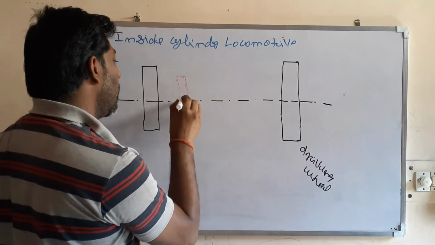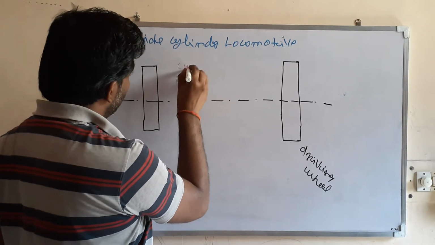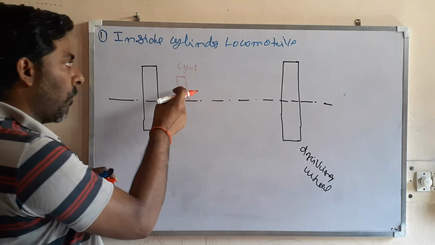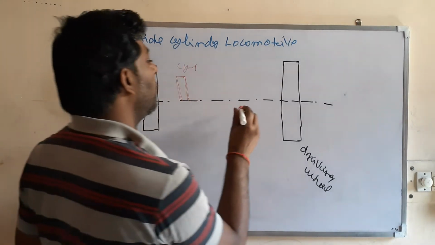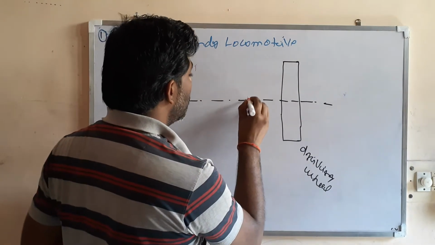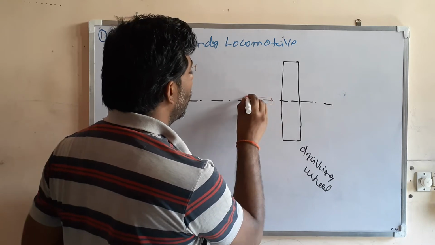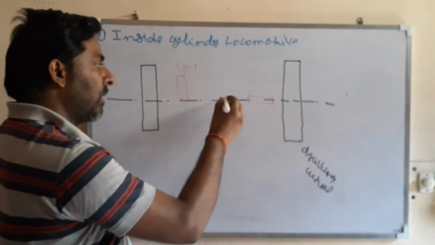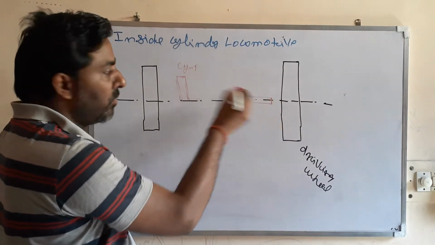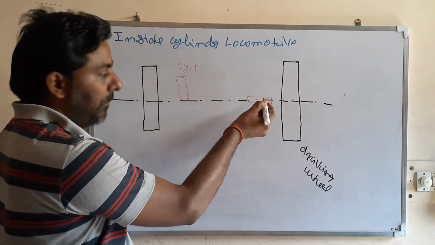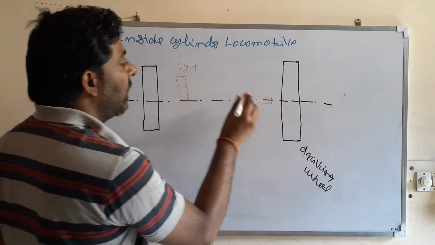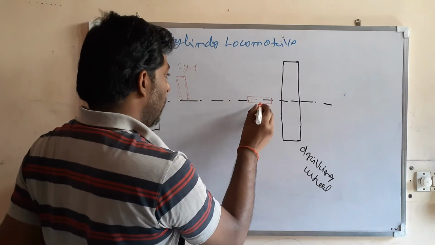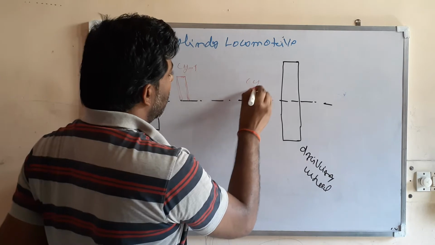This is cylinder number 1, and this is cylinder number 2. Why am I drawing one like that and another like that? Because the angle between the two cylinders is 90 degrees.